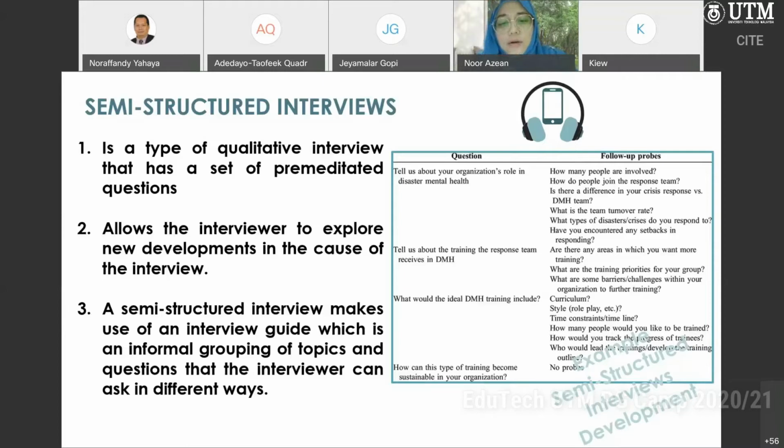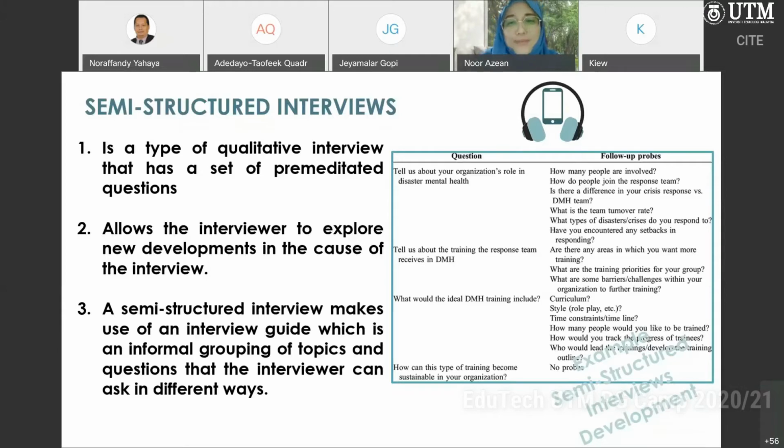As a master's or PhD student, I hope that besides the main question, you can create the probes. Most of the students that come to me when they want me to check their instruments, I always look at the follow-up probes, because the follow-up probes help you get good content, details, and more depth about the things you want to ask.